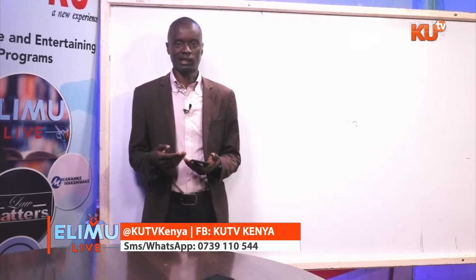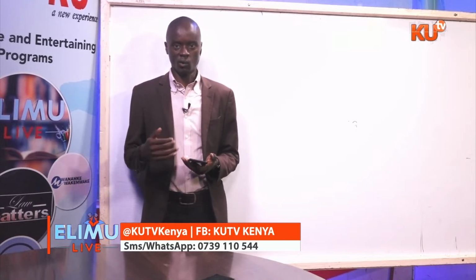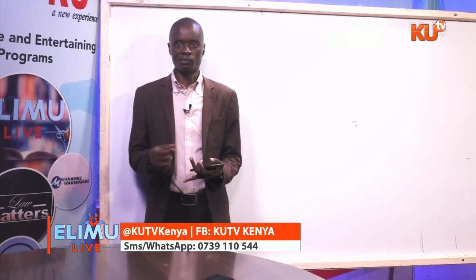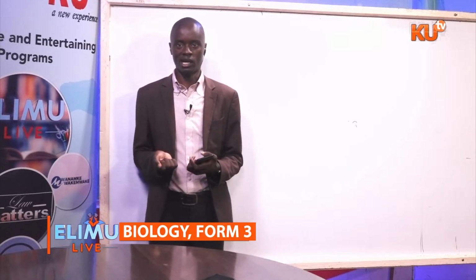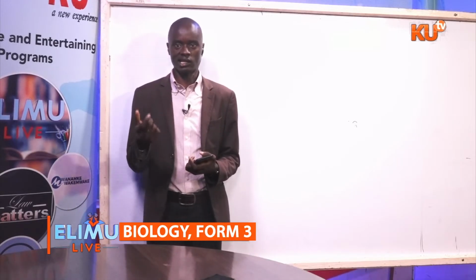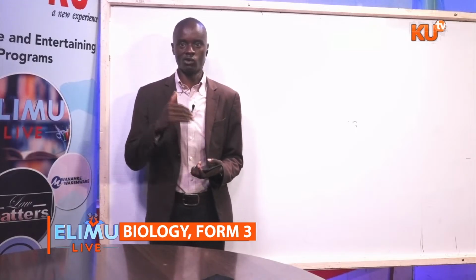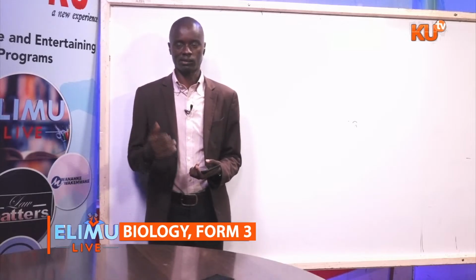Just like in the school setup, when you begin to study, we have the preschool, primary, secondary, and tertiary institutions. So when we move from primary, then we are able to advance to secondary school.